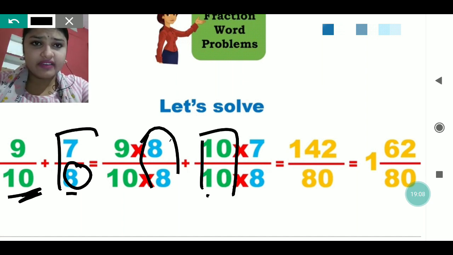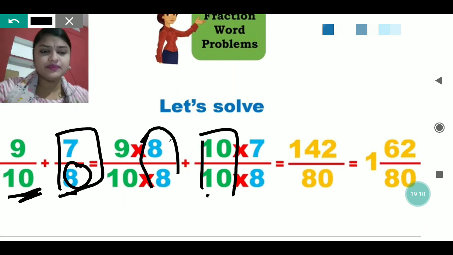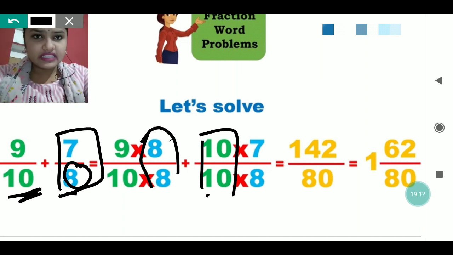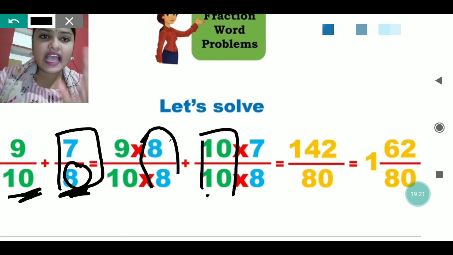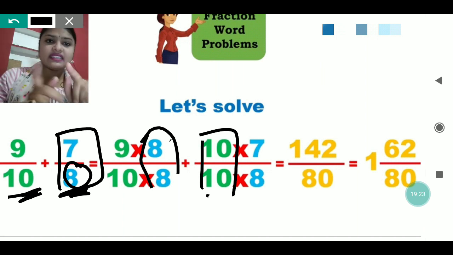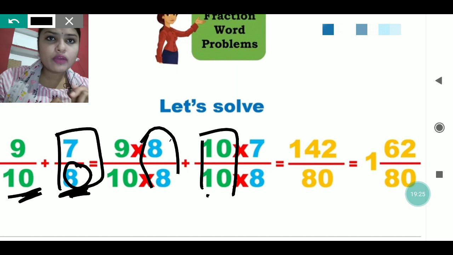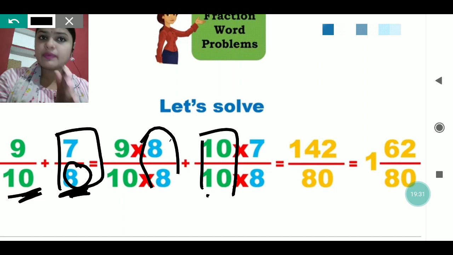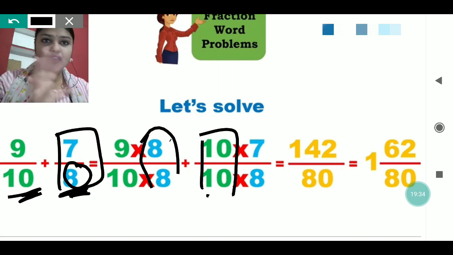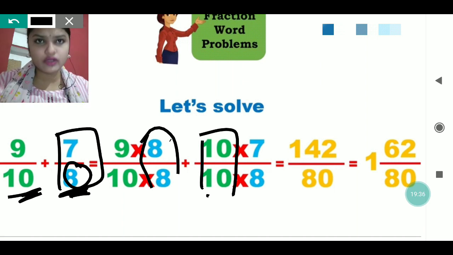Then again 7 by 8, means I have made 8 the common, both the denominators I am making common. You just see, don't confuse. 9 by 10 is there, and this side 7 by 8. So 8 is the denominator, and 9 into 8 and 10 into 8, I am multiplying with the denominator only, because I have to find the weight of a newborn.